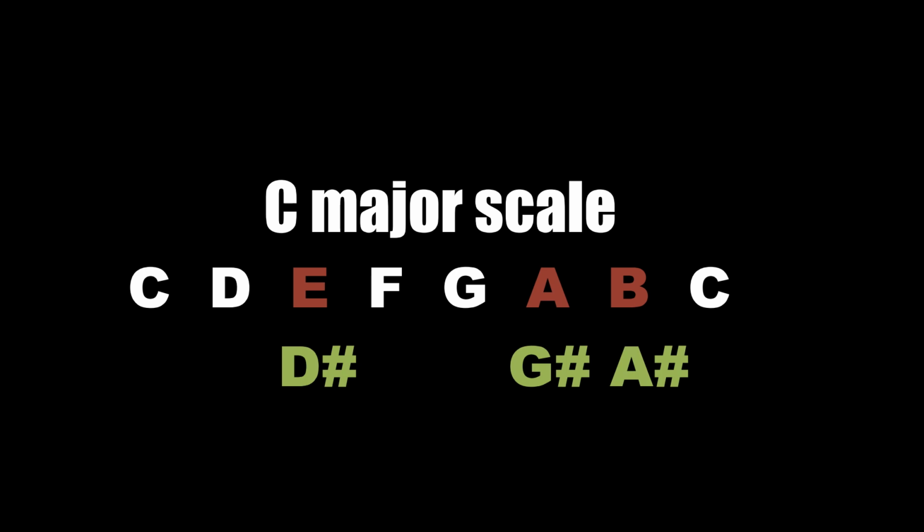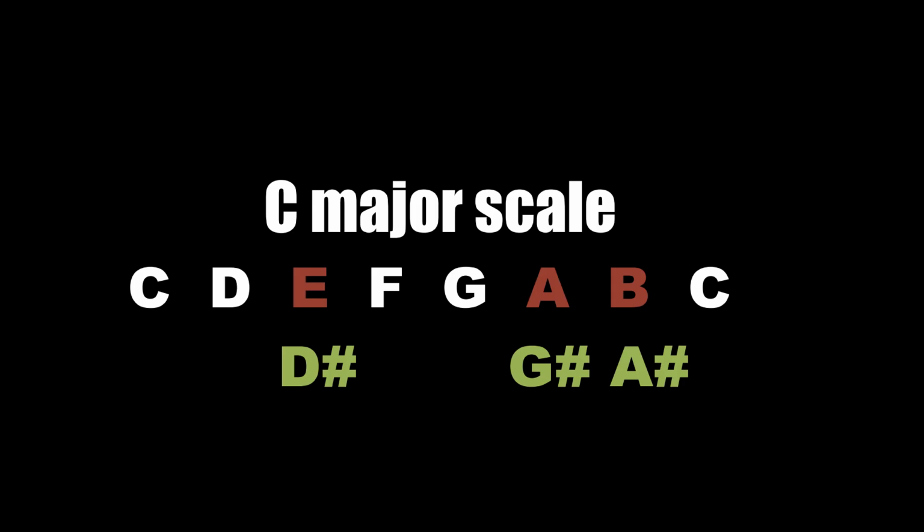Let's write the C major diatonic scale for now, the very familiar scale to you. C, D, E, F, G, A, B, C. So the third note is E, the sixth is A, and the seventh is B. If I drop these three notes, E will be converted into D sharp, A will be converted into G sharp, and B will be converted into A sharp by dropping them a semitone.